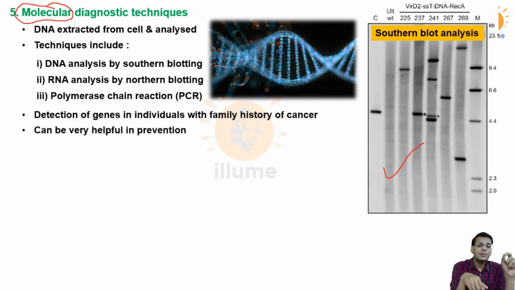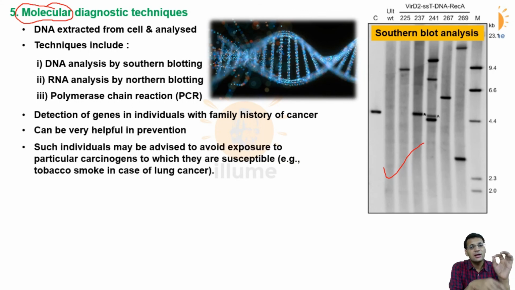Now if that particular individual has those genes analyzed and they give a positive picture, then there are chances that the person might get that particular cancer even with the exposure to a very small amount of that particular carcinogen.